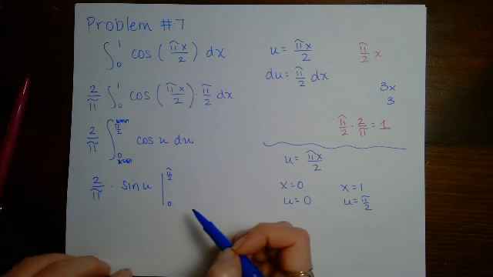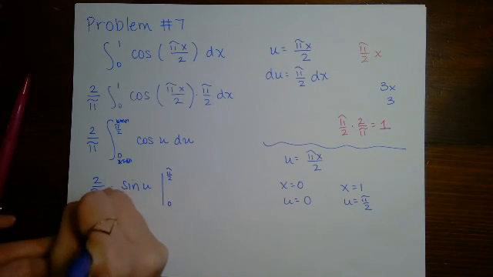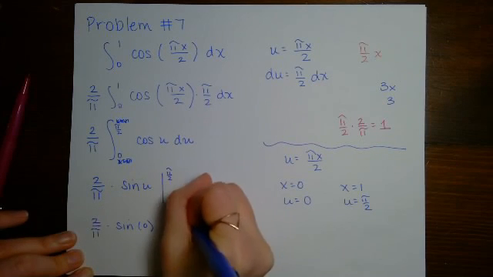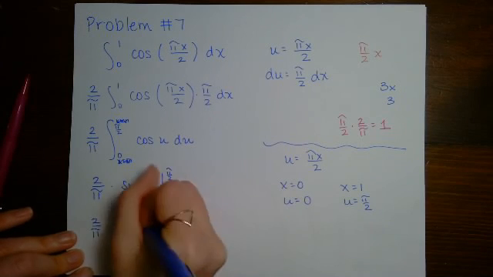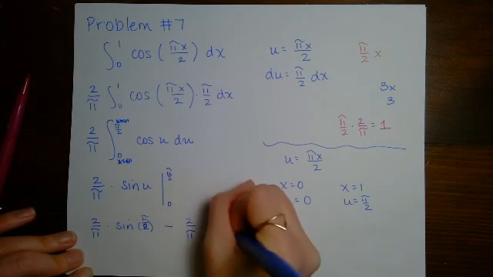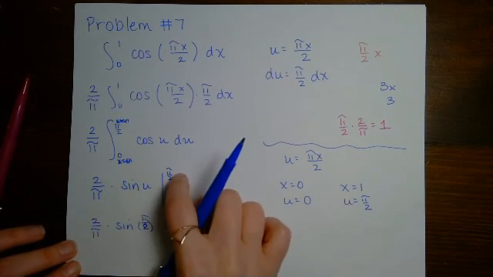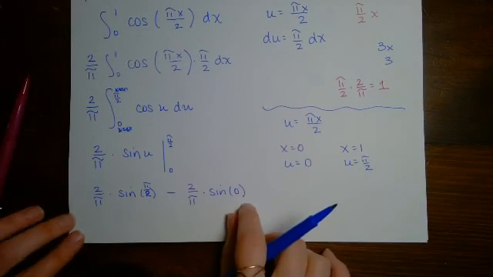When I plug in, pi over 2 comes first. So I have 2 over pi times the sine of pi over 2 minus 2 over pi times the sine of 0.